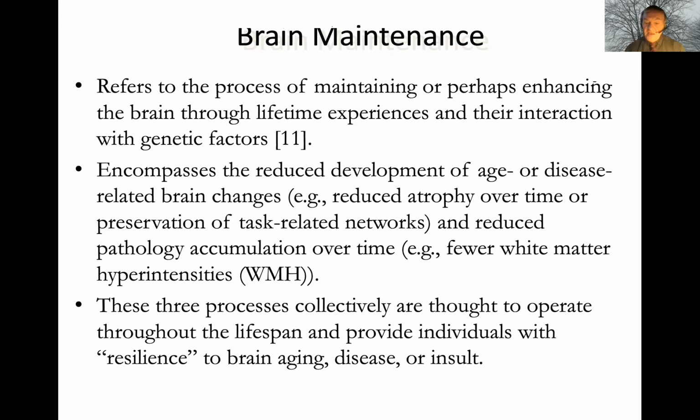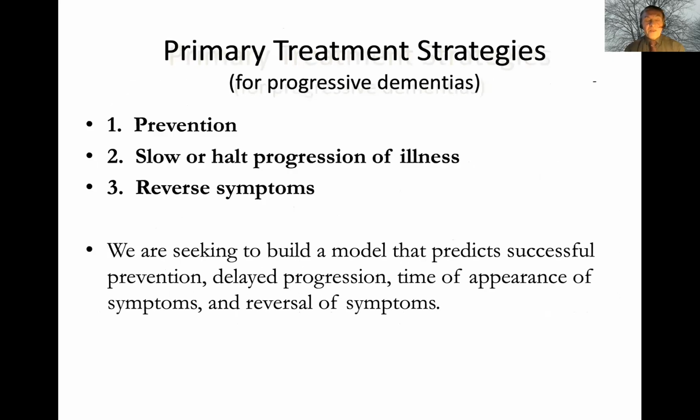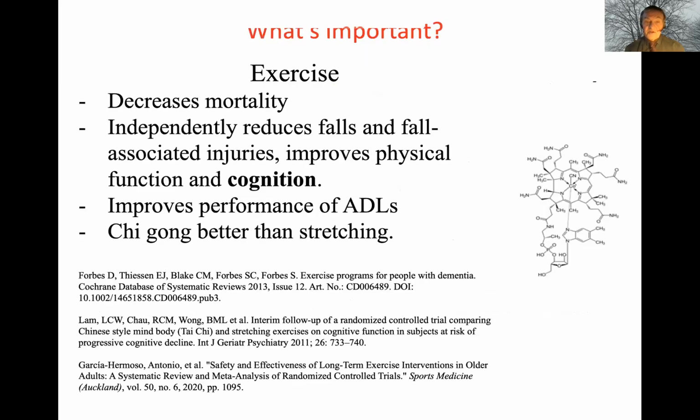And this is what interests us the most. The primary treatment strategies for dementia include prevention, slowing or halting the progression of illness, and reversing symptoms. And so we're attempting to build a model that can do all that.